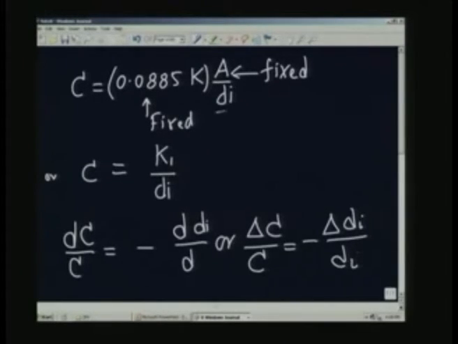So, this is just for distinguishing between the derivative symbol or the d here and the d there. So, this is your fundamental equation.